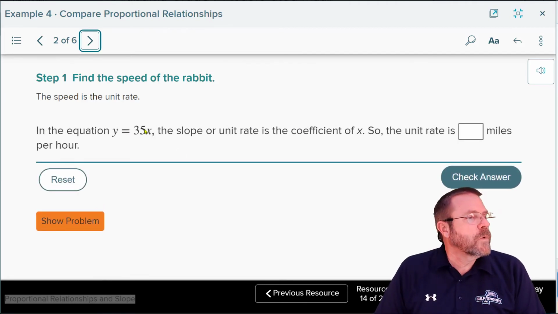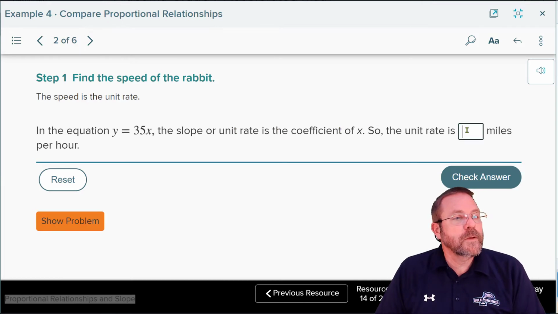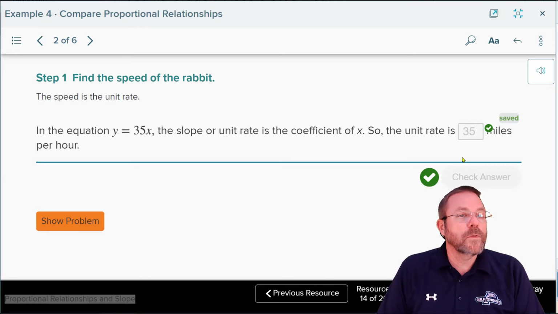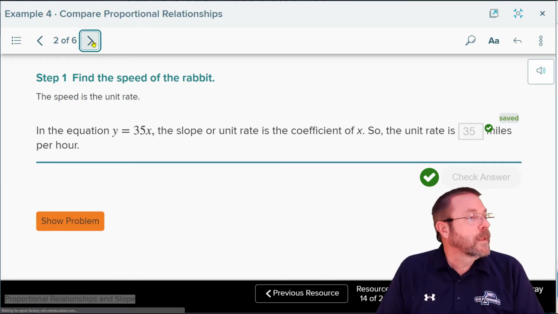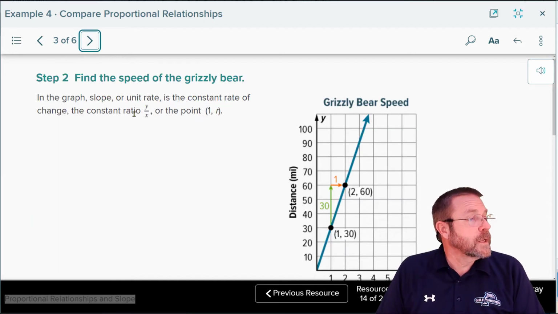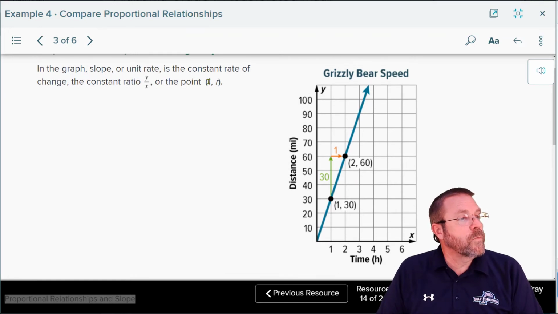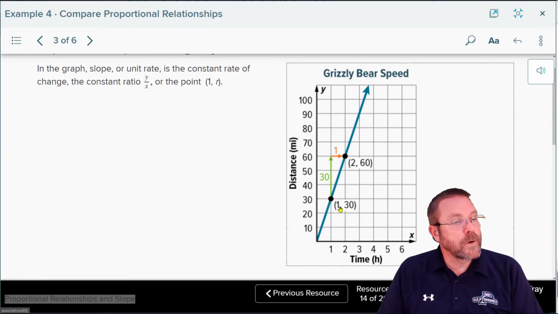In the equation y equals 35x, your slope or unit rate is the coefficient of x, so the unit rate is going to be 35 miles, or 35 to 1. 35 miles per hour, I should say. And then for the graph of the grizzly bear, you have y divided by x, or you can use 0,1, r, and that's 0,1 right there, and the rate r is going to be 30 miles per hour.